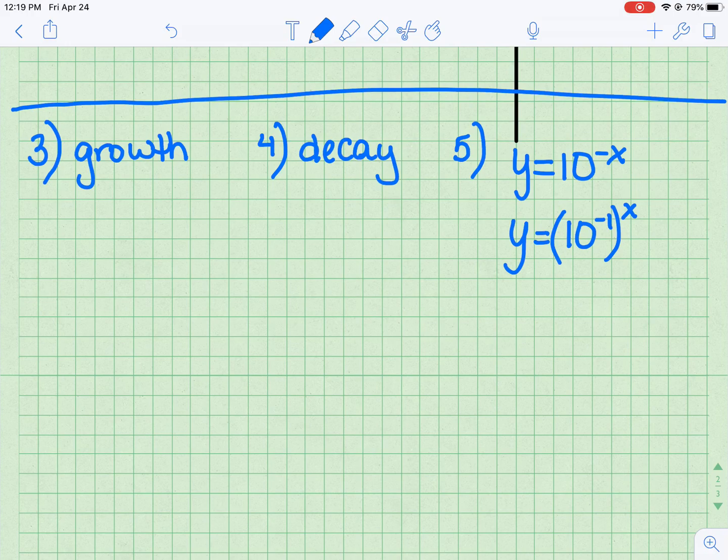Or if you've forgotten completely, you can do 10 raised to the -1 on your calculator, and it's going to give you 0.1. So this is really 0.1 raised to the x. So that makes it a decay. Does that make sense? So it's kind of a trick one because of that negative up there.